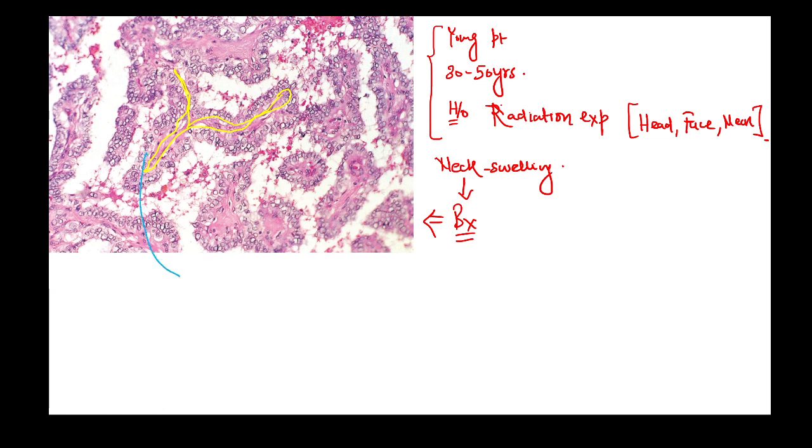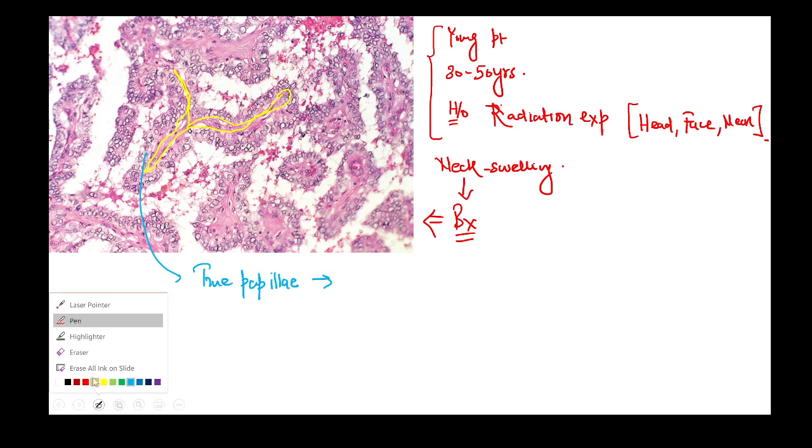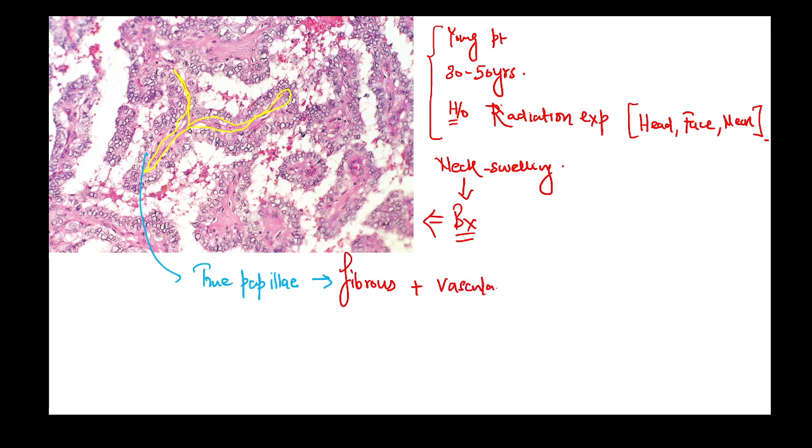What do you mean by true papilla? It's very important to understand the meaning of true papillae. True papillae means a fibrovascular core should be there, right? So there will be fibrous tissue plus they are encasing the vascular core also. So that is the fibrovascular core, right?